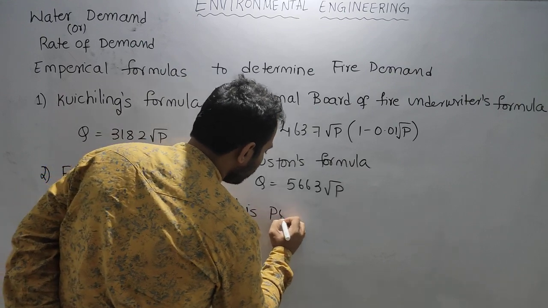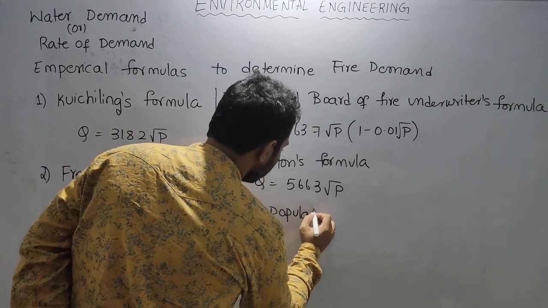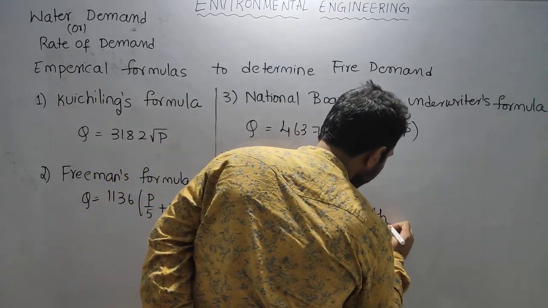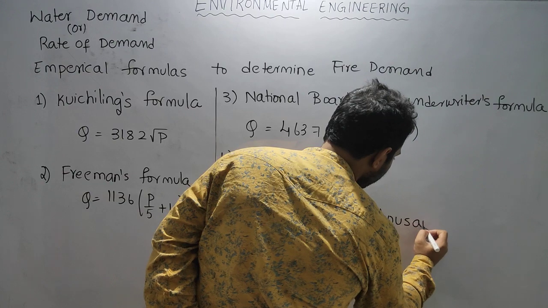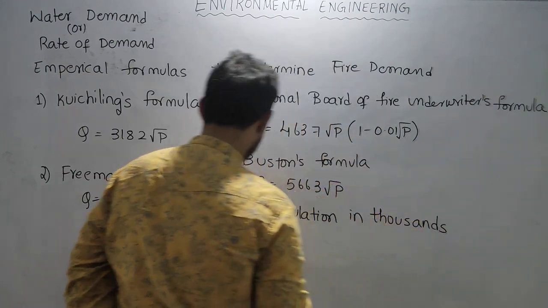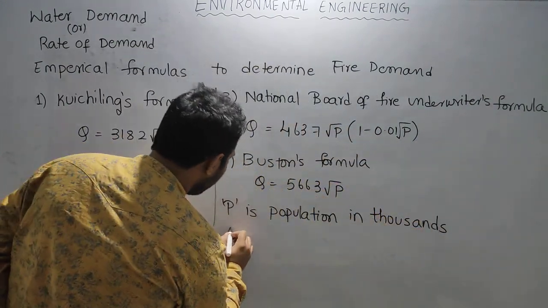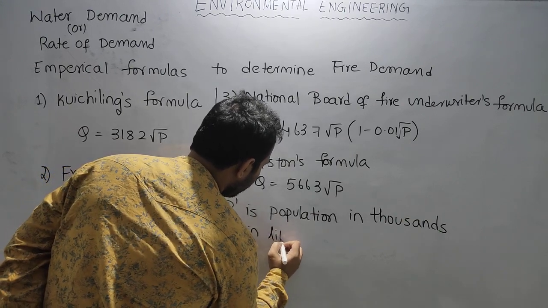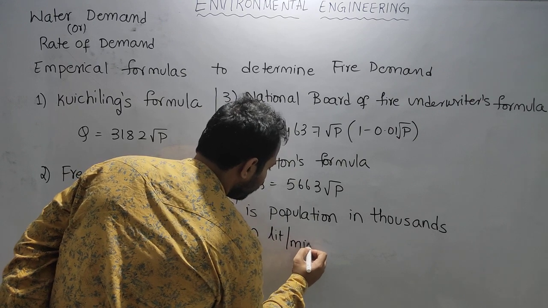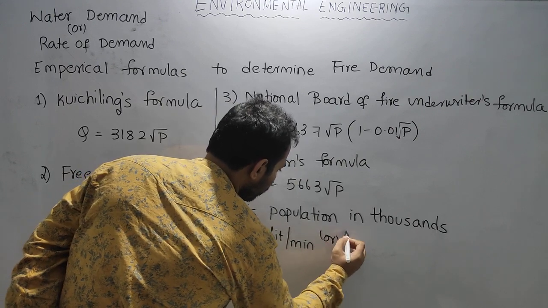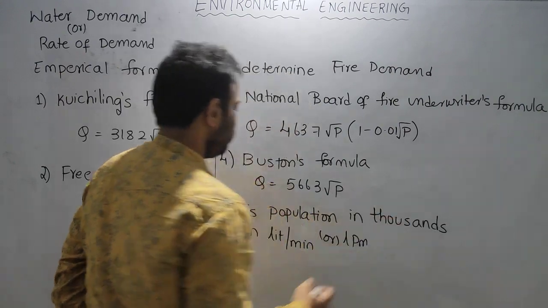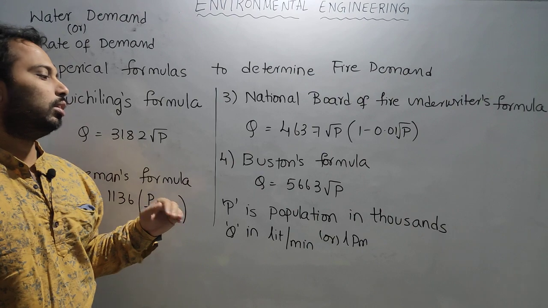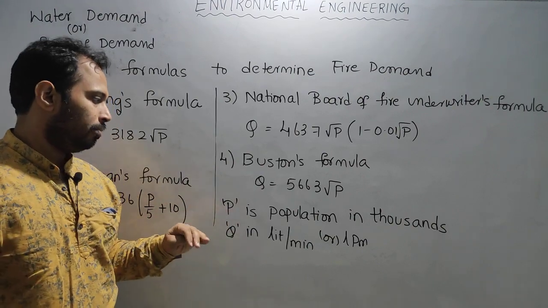P is population in thousands, and Q you will get in liters per minute, or LPM. So you will get Q, the requirement of water, in liters per minute.